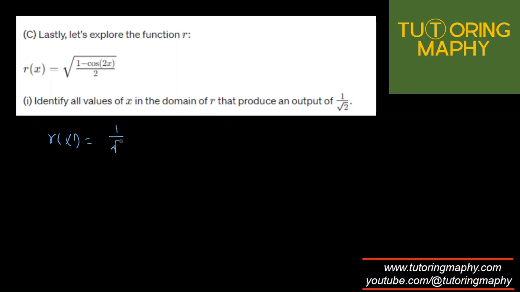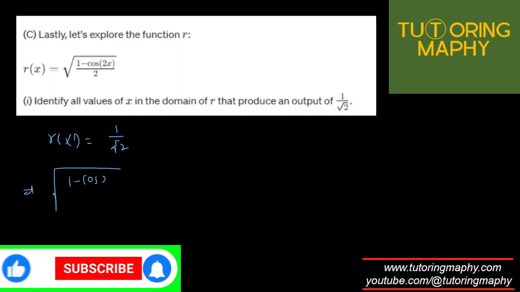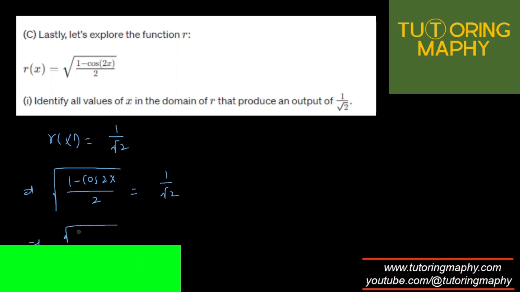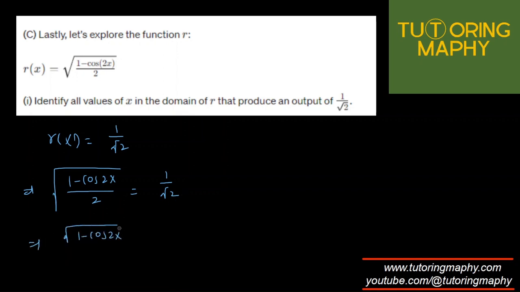So r is 1 over root 2, which means that the square root of (1 minus cos 2x) over root 2 is equal to 1 over root 2. So these two are gone from both sides, crossed out.